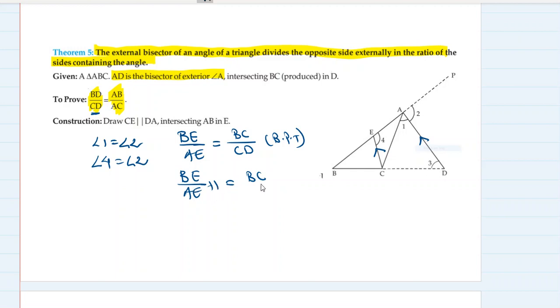BE by AE plus 1 is equal to BC by CD plus 1. Because of BPT we are getting this. BE plus AE is AB, so AB by AE is equal to BC plus CD, which is BD, by CD. So AB by AE is equal to BD by CD.